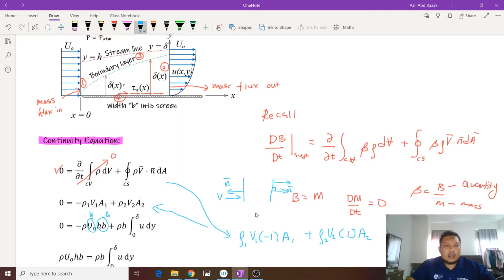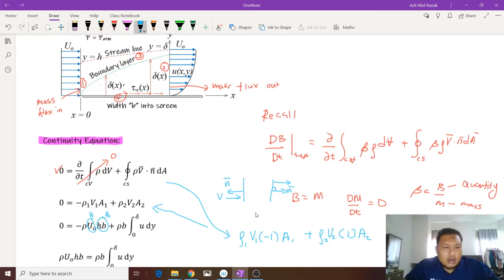Right, from there, the second part, we have the rho b. Why didn't I put 1 and 2? Because the density is incompressible, so we assume that rho is constant everywhere in this flat plate.